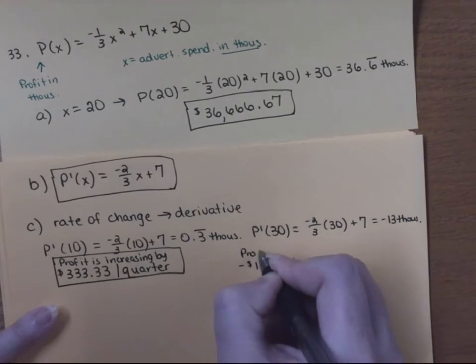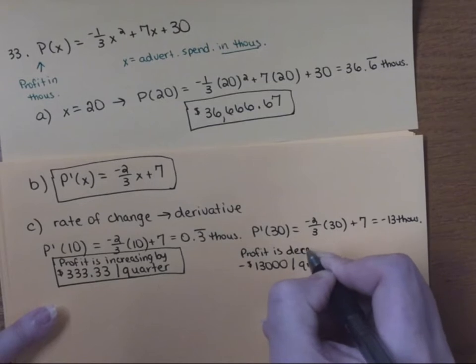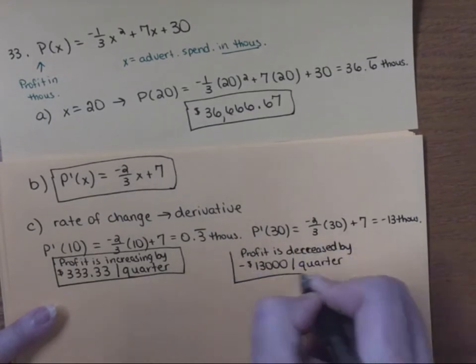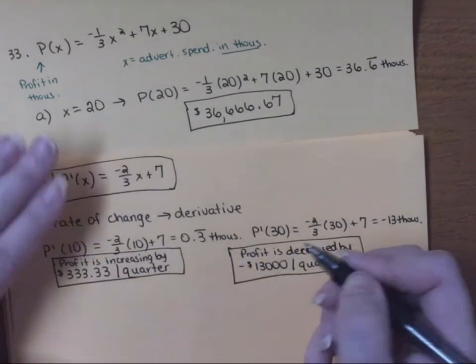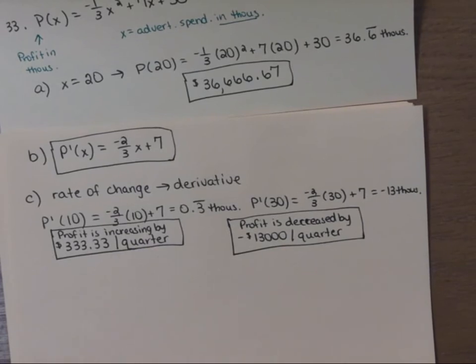So this time the profit is decreased by that quantity. In other words, you are spending too much on advertising in that scenario. You would be better off back here when you were spending less and you were actually getting more for your money, right? Here you're spending more and losing money, so that's not a good place to be.